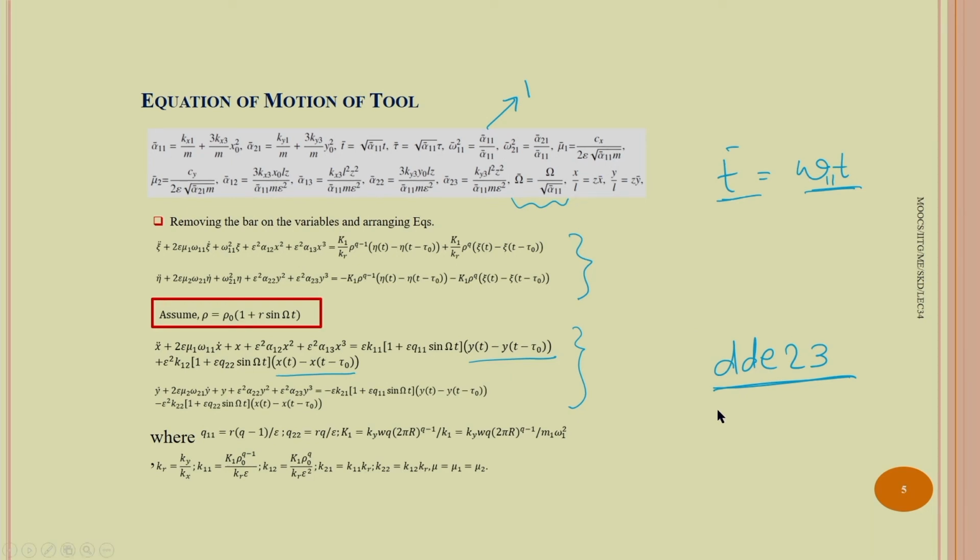Also, we have discussed previously that by using the Runge-Kutta method also you will be able to find the solution of this nonlinear governing equation of motion.